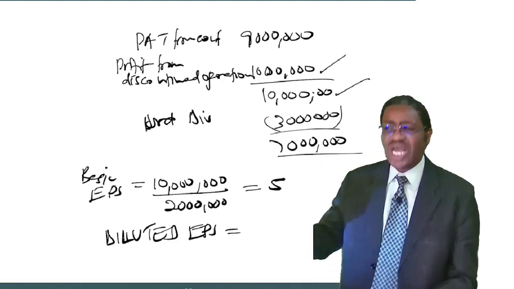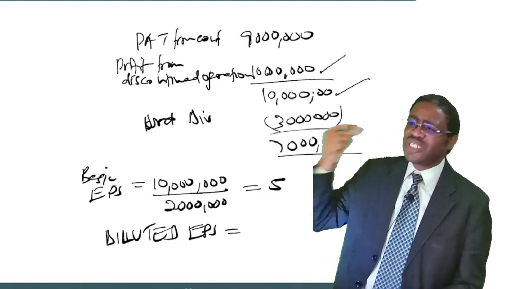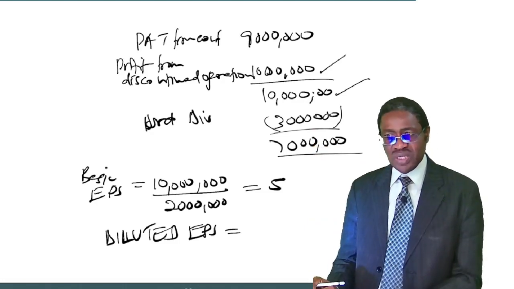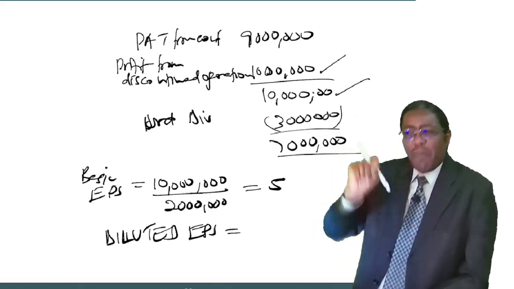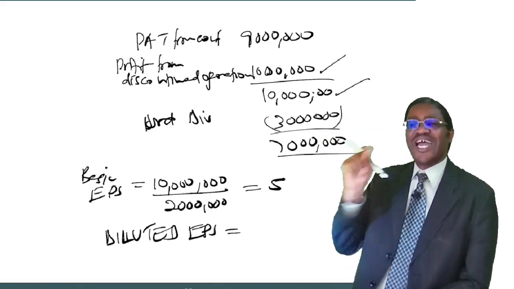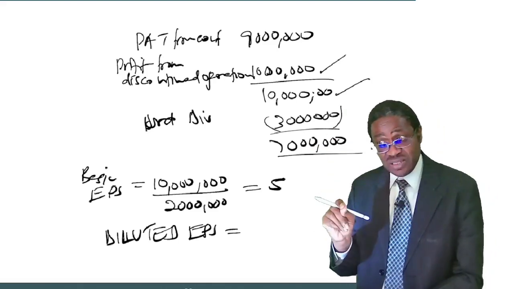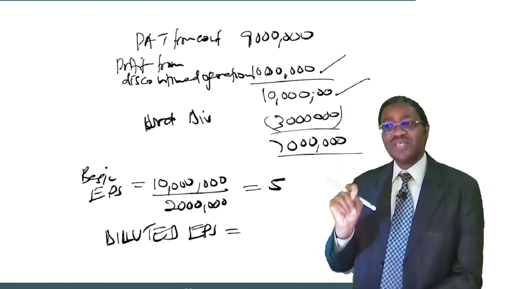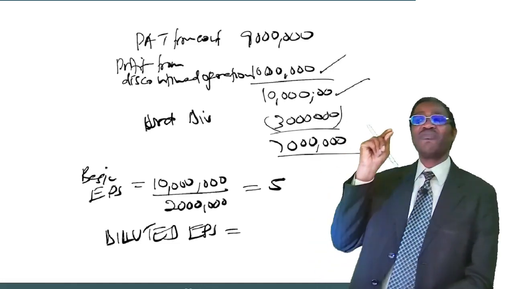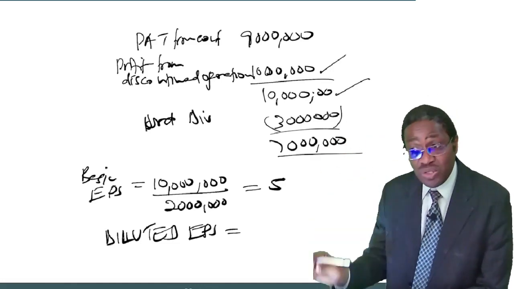So in the future, are we going to expect to continue earning from that operation? No. So when I'm trying to compute the projected EPS of the future, which is what we are calling the diluted EPS, then do not use the earnings that have been earned from the discontinued operation.